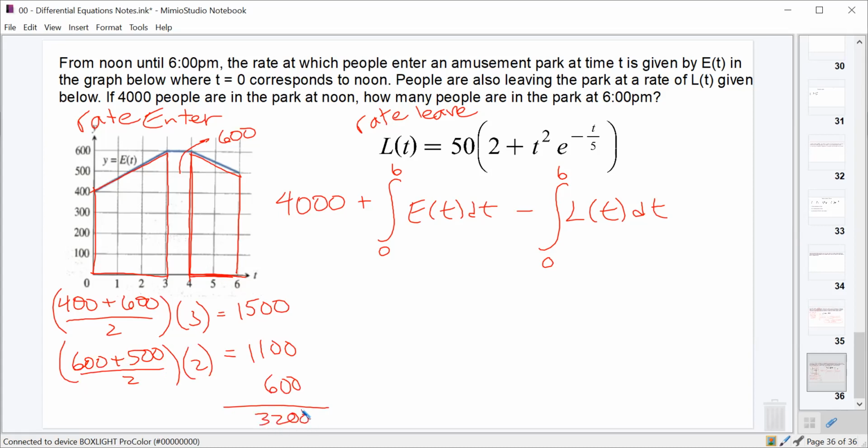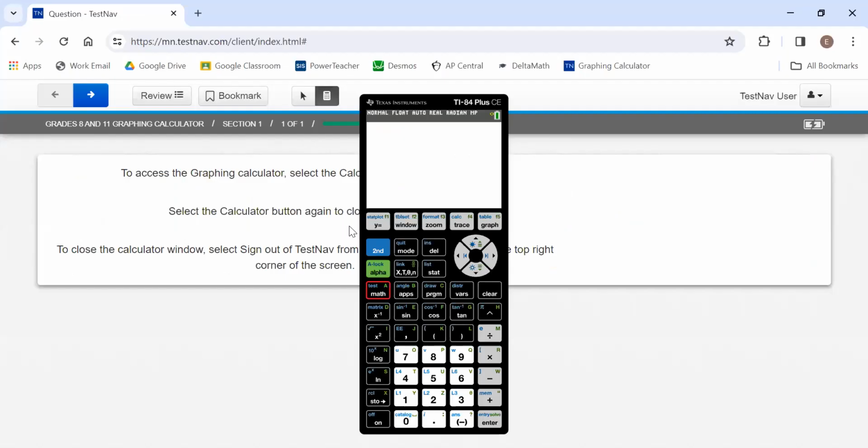3,200. So we've got 4,000 plus 3,200 minus our integral of L of t from 0 to 6. So we will throw that back in our calculator here. We'll choose math option 9, which says FNINT down here. You can just hit the 9, or you can scroll down to it.